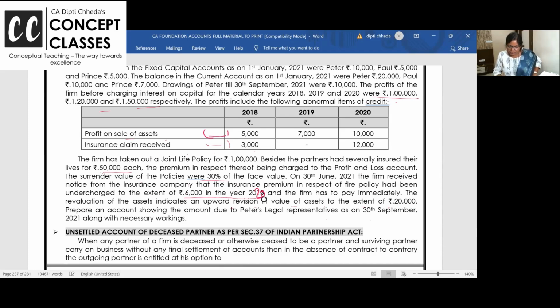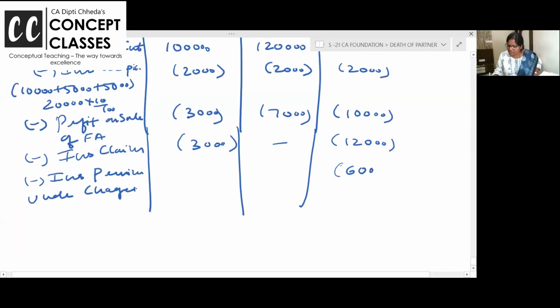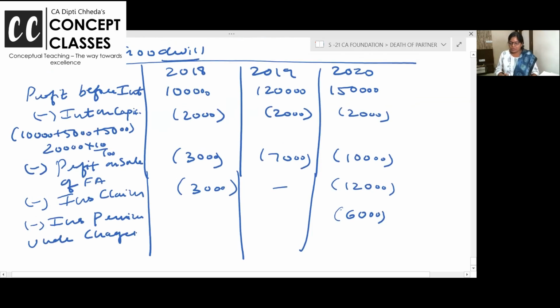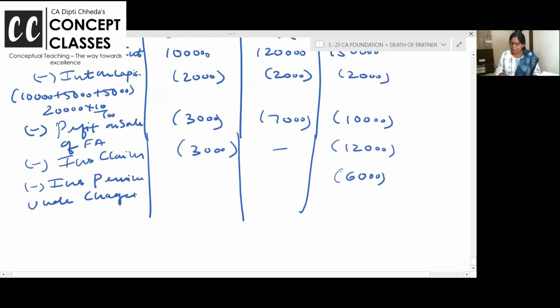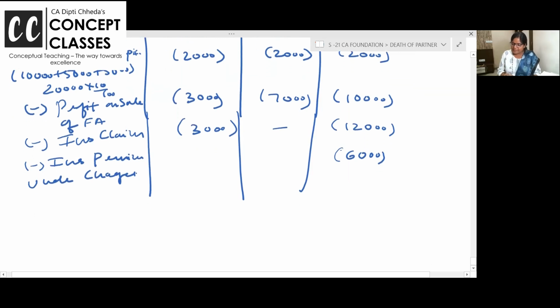On 30 June, the firm received a notice from the insurance company that insurance is undercharged by 6,000 and the firm has to pay it immediately. So 2020's profit is less by 6,000. If you want the future maintainable profit, if it is undercharged, charge it and reduce the profit. So the capital में भी impact आएगा, but पहले goodwill के लिए profits कर लेते हैं.